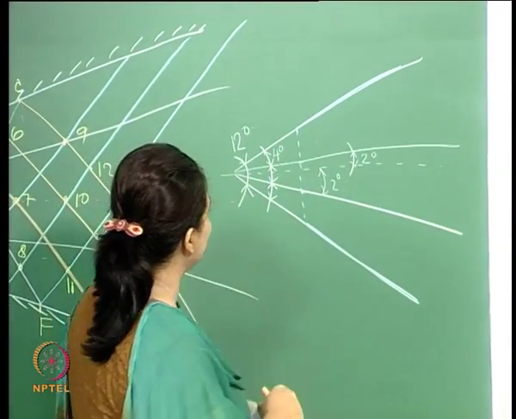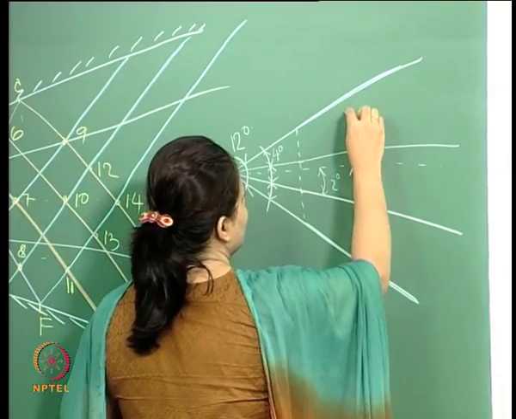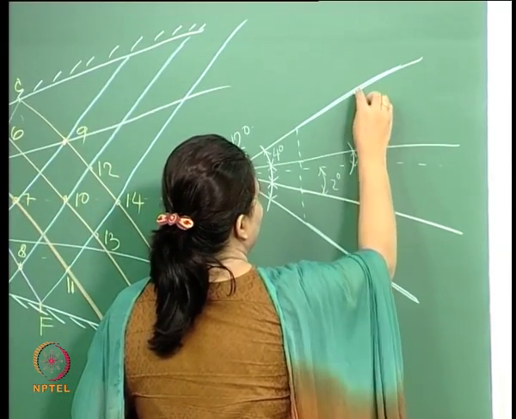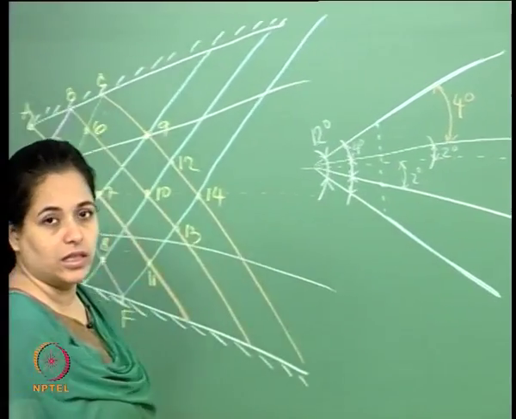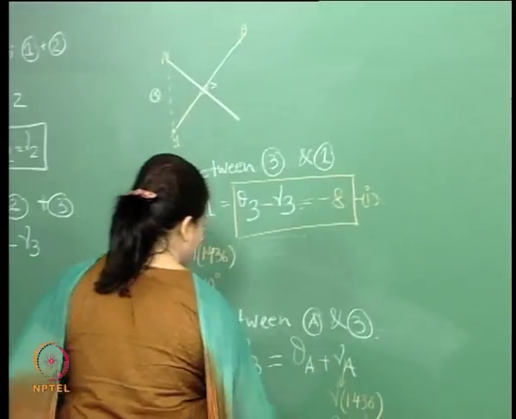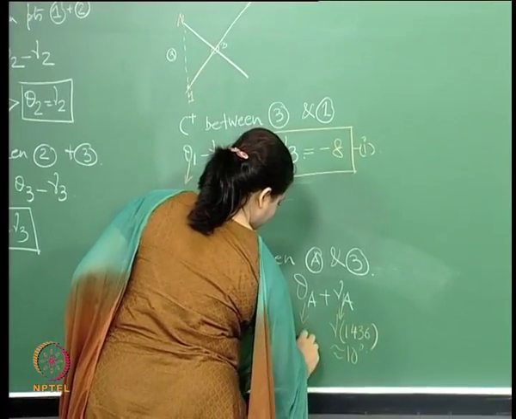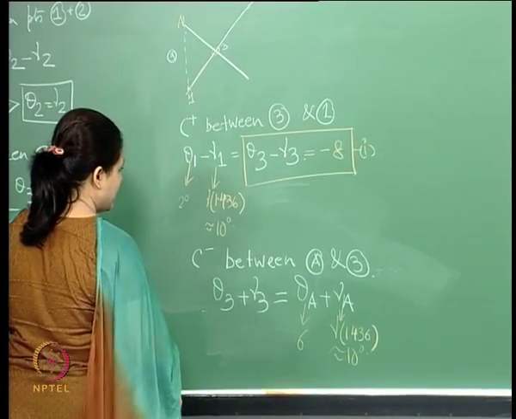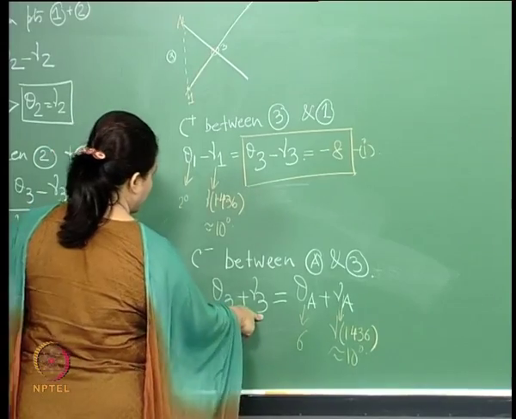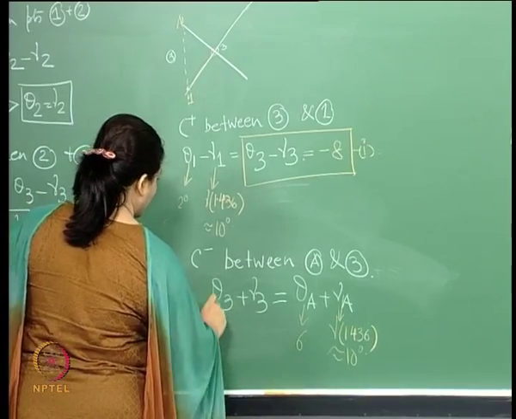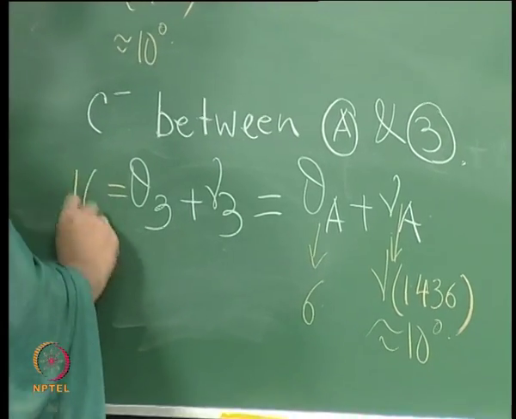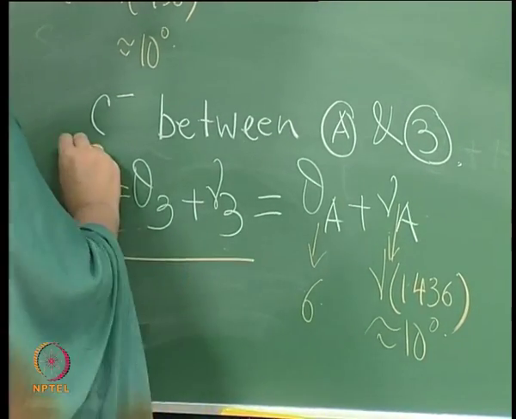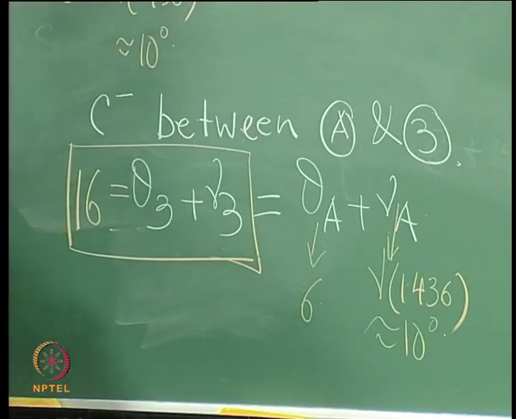So as you can see from here, therefore theta A is 6 degrees, okay. So which means that theta 3 plus mu 3 is equal to 16, right.